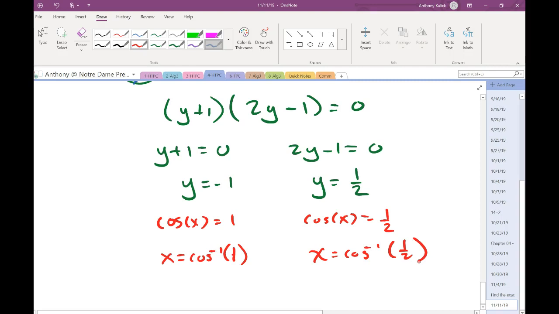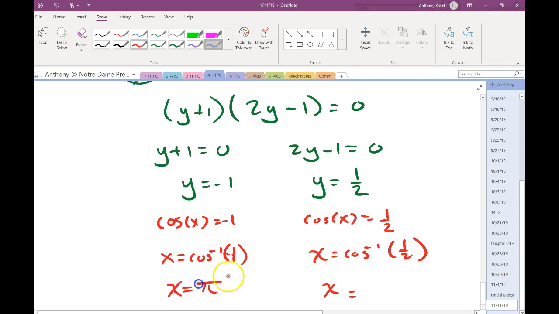So to solve for x, we can do the cosine inverse of both sides. And what's the solution for cosine inverse of 1? That's 0. And the cosine inverse of negative 1?